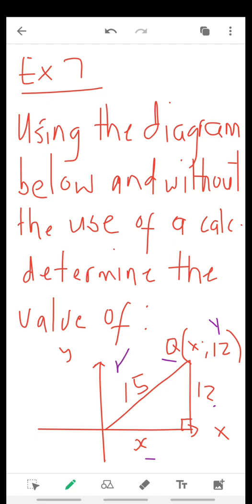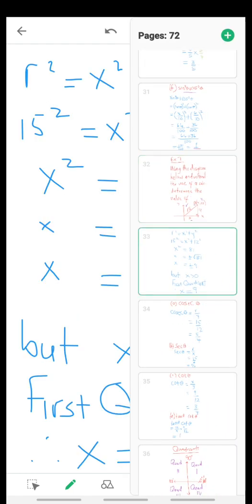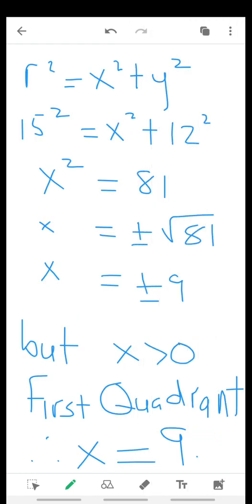You remember? Now what is it that we don't have? We don't have X. So we can find X using the theorem of Pythagoras. Why must we find X first? Because the questions will be revolving around X, Y, and R. Using the theorem of Pythagoras, R squared is equal to x squared plus y squared. Substituting, we find that our x is plus or minus 9.